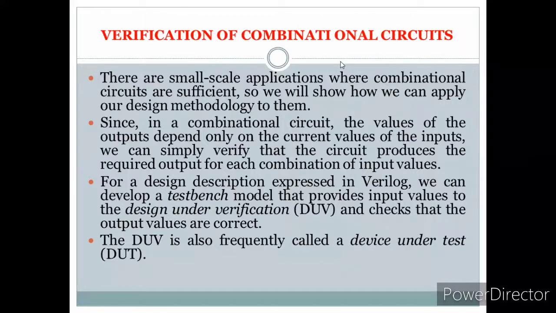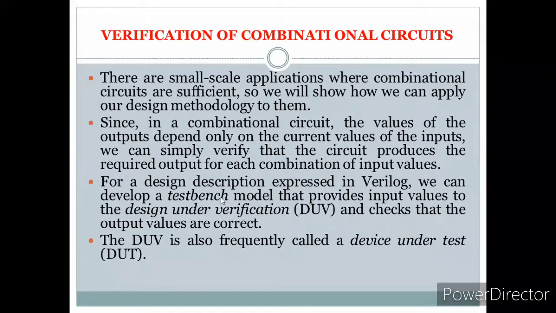We have to verify the functionality. In Verilog, one important method to verify a model is by writing a test bench. What is a test bench? The test bench stores the input values and acts as an input to the design under verification, meaning the model which has to be verified.